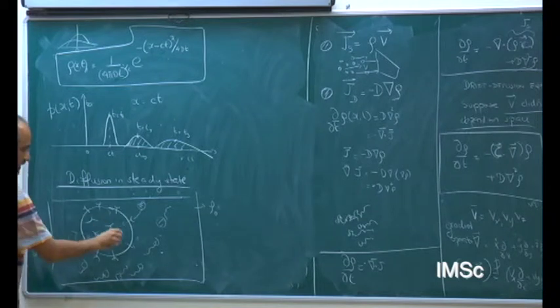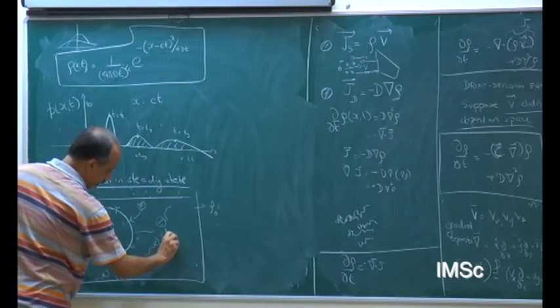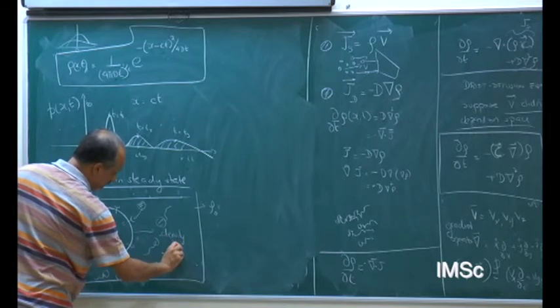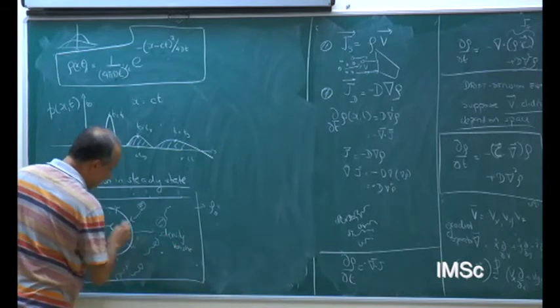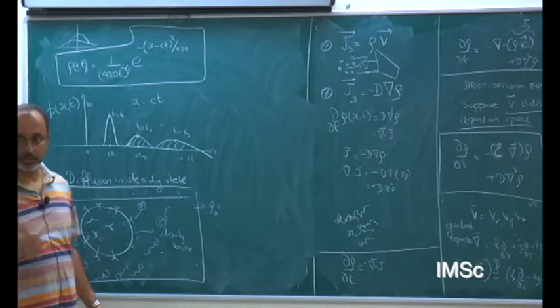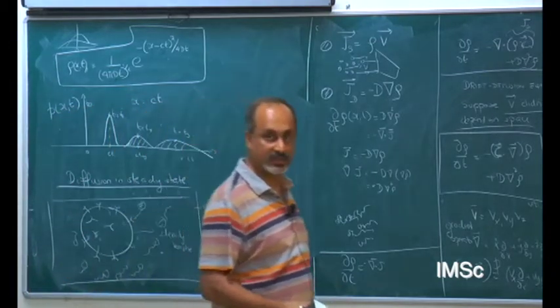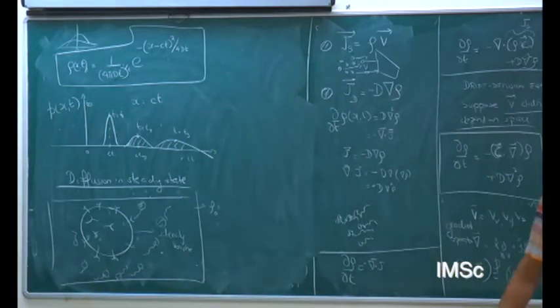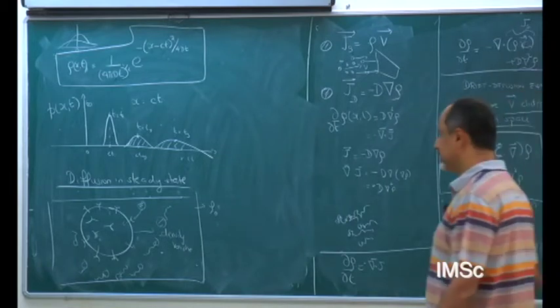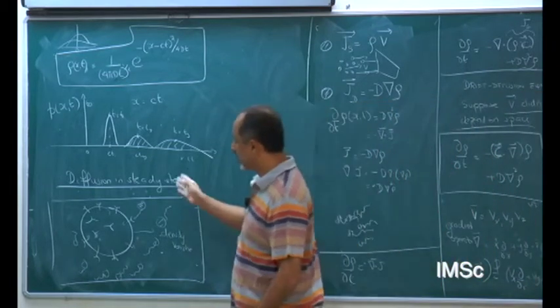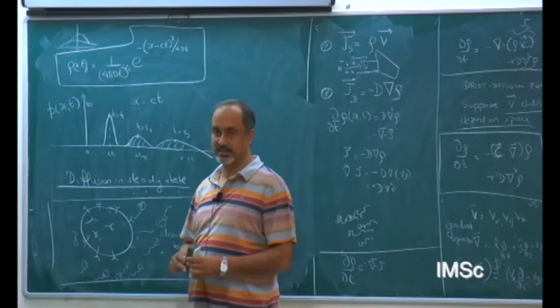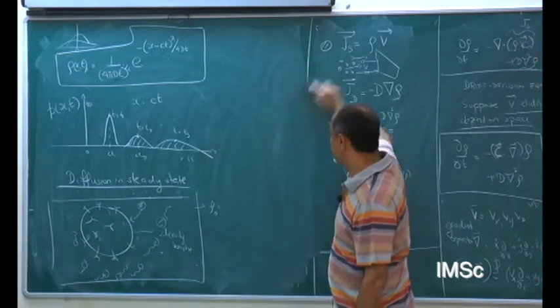At the surface, the density vanishes, which means that any ligand that reaches the surface is immediately swallowed up, so it doesn't allow any density at the surface. In steady state, what is the number of particles that is hitting the surface? What is the total current across the surface?